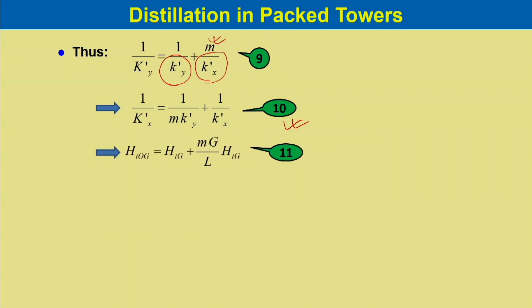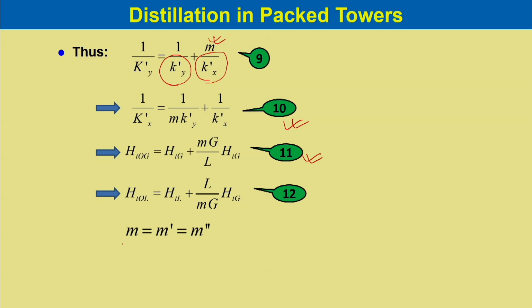Now, we can relate with the equation derived earlier. HTOG would be equal to HTG plus mG/L HTL, and similarly for the liquid phase we can write HTOL would be equal to HTL plus L/mG HTG.